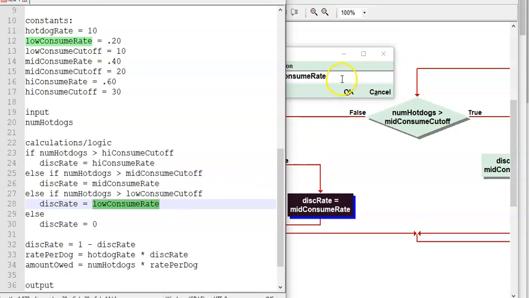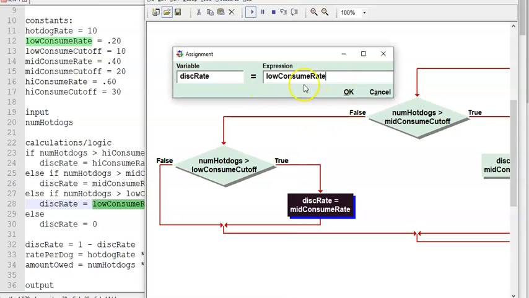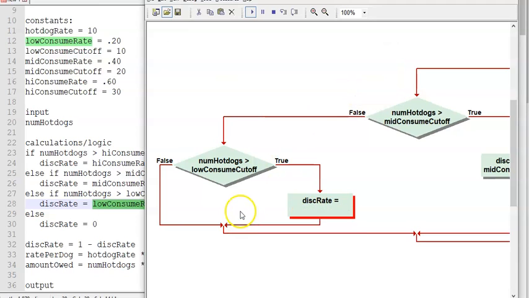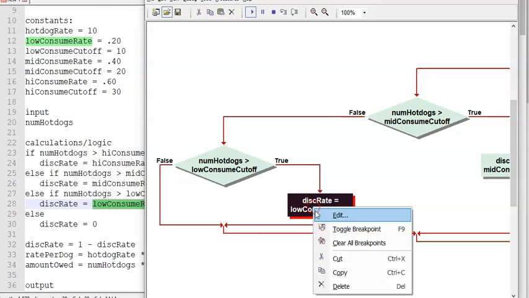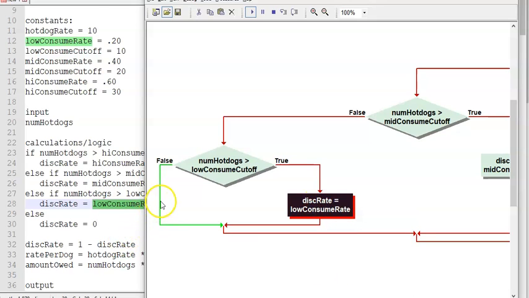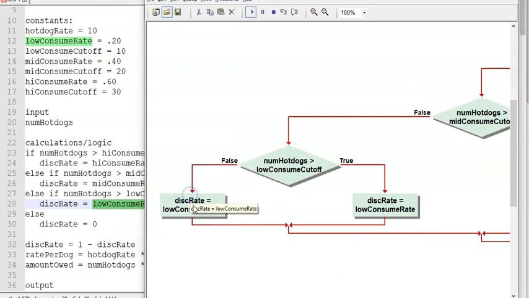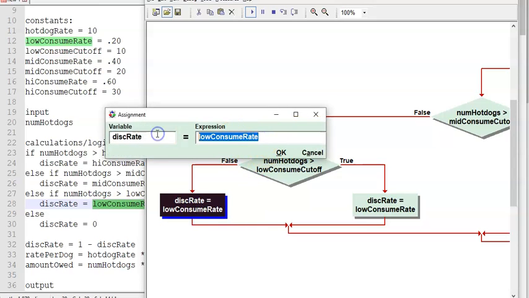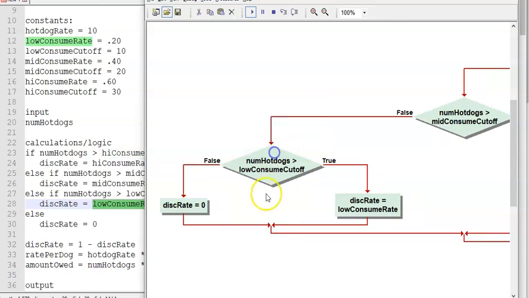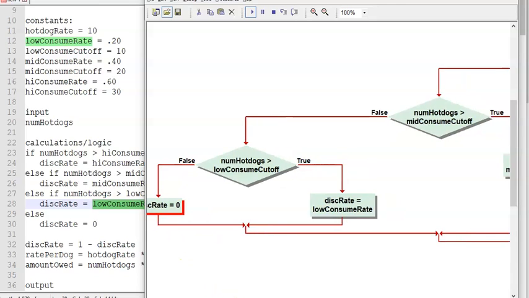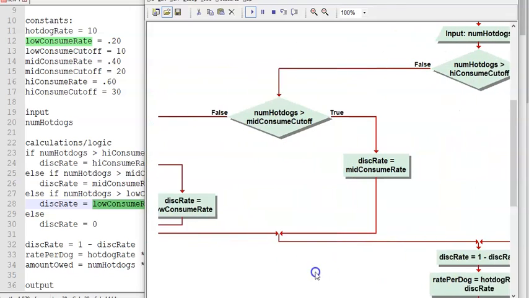Control C, Control V. And before I test it, we have this disk rate equals 0. So if I copy this and paste this over here, and I just need to change this to 0, I can type that in. Actually, we left it off. It's the same as disk rate equals 0 because by default, Visual Logic automatically puts 0 in things that don't exist. That's not true in JavaScript, so let's just go ahead and make sure that we do this correctly.